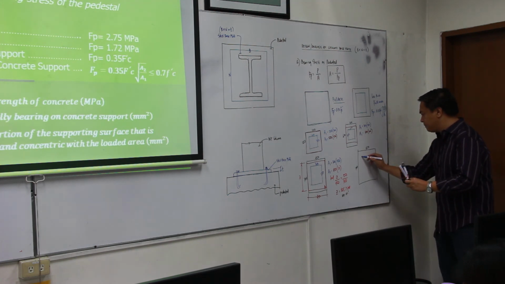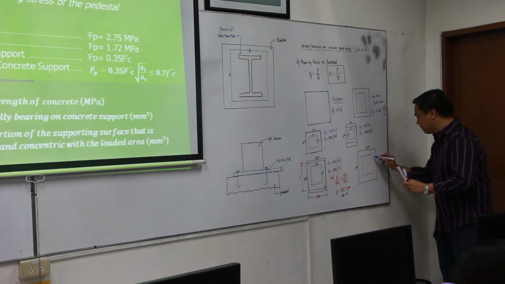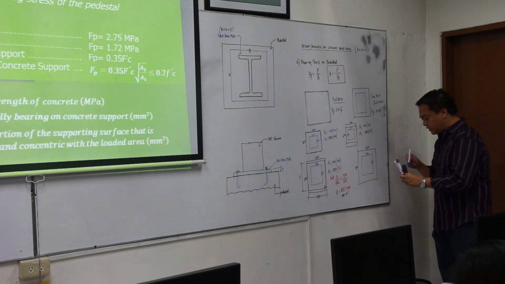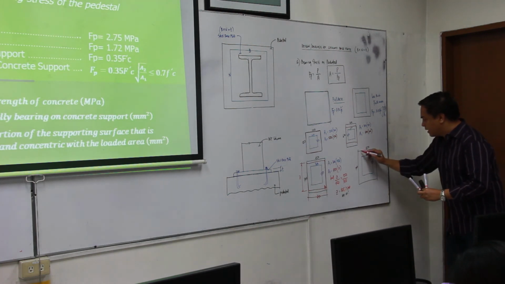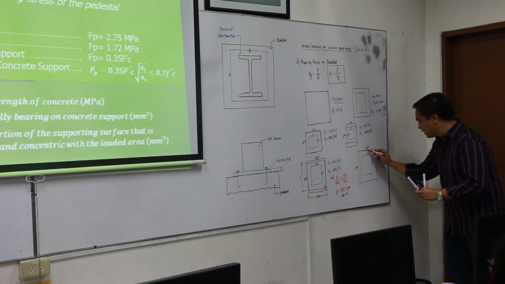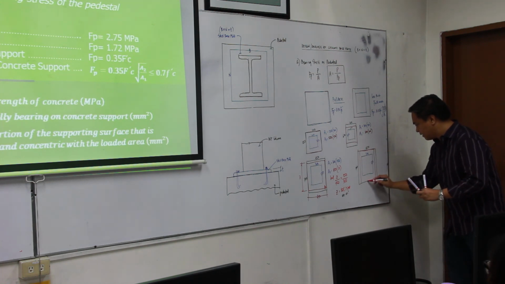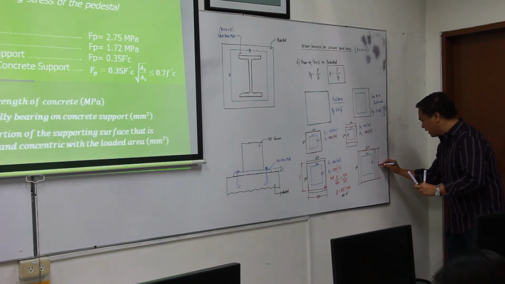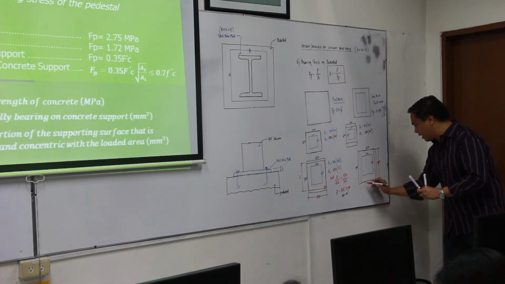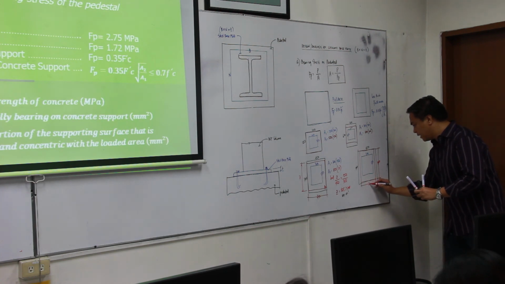This is the base plate, 300 by 550. So instead of having this red rectangle like this, it should be like this. So for that case, this would be 700 and this would be our Z.